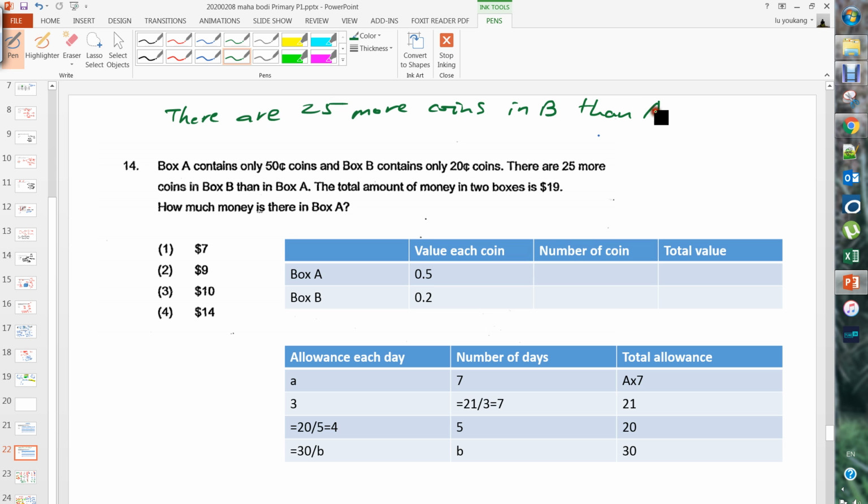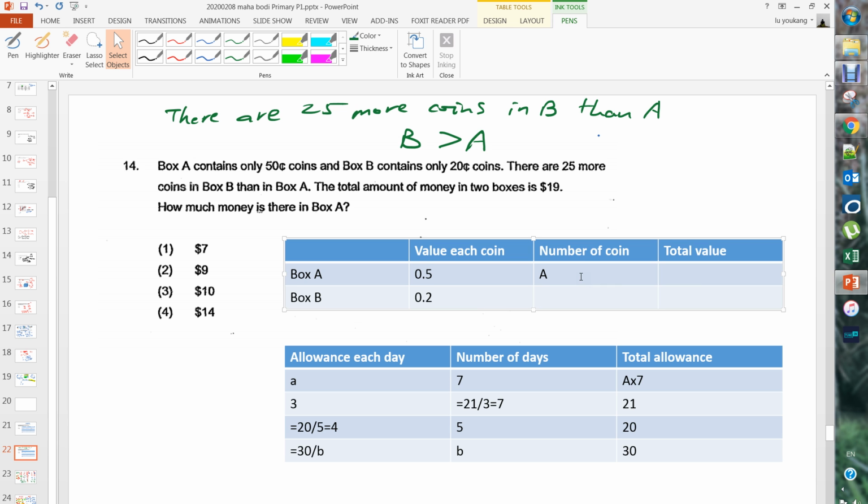Okay, so can I ask you, B more or A more? B more. So B is bigger than A. Okay, so let's say the number of coin in A is A. So the number of coin in B is how much? 25 more, right?